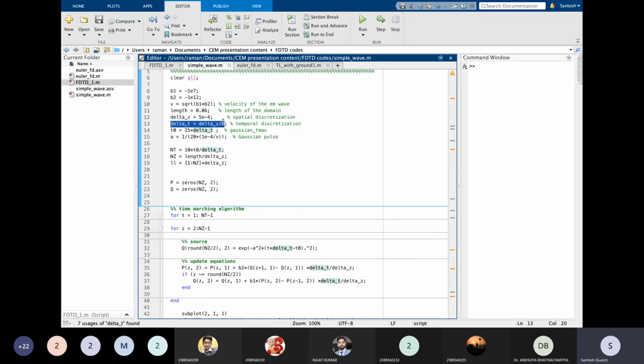In this case, the spatial and temporal discretizations are related. You give one value of spatial discretization, and you don't give just any arbitrary value of delta t. It depends on delta z and another parameter v, and this v is given by the square root of b1 into b2.